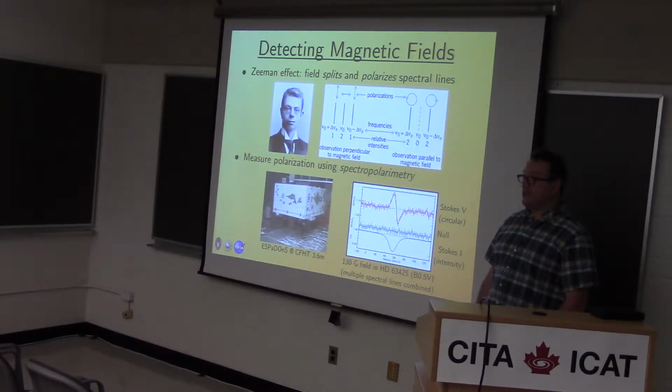So the Zeeman splitting arising from a magnetic field can easily be observed in the sun. If we take a spectrum across a sunspot, for instance, we can see that the spectral lines are split where the slit lies over the sunspot.